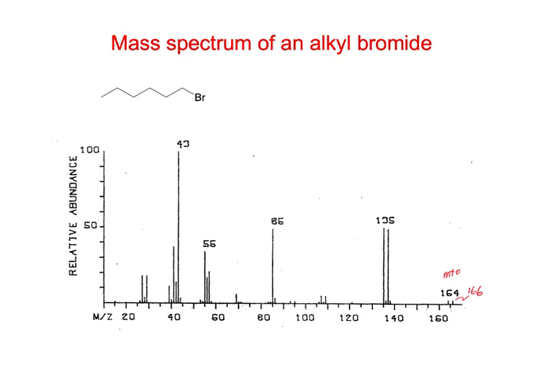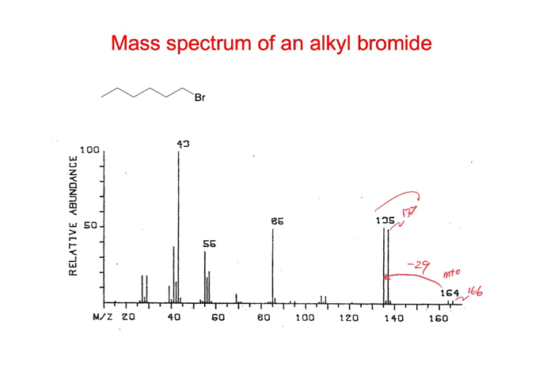Here we have 135 and 137, so we know that this ion still includes the bromine. We've lost, from 164 to 135, 164 minus 135 is 29. So we've essentially lost an ethyl group somehow.